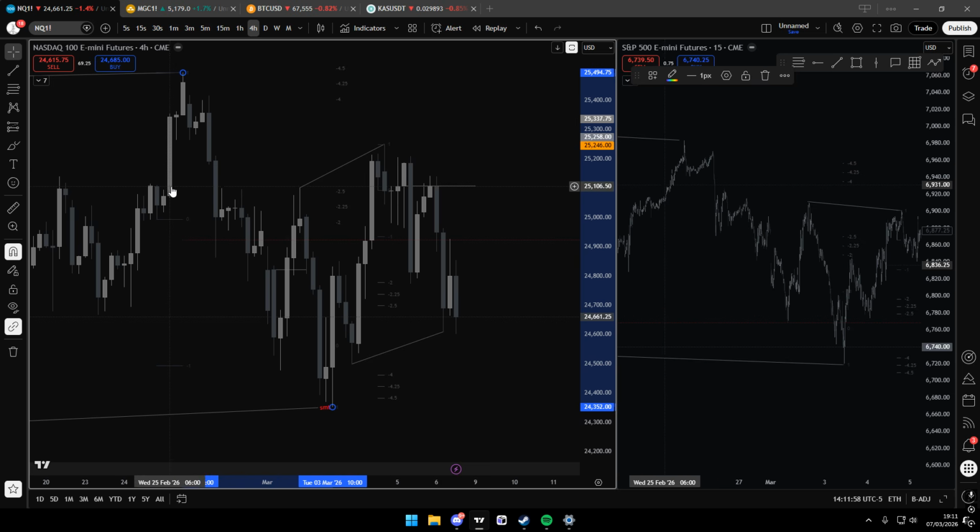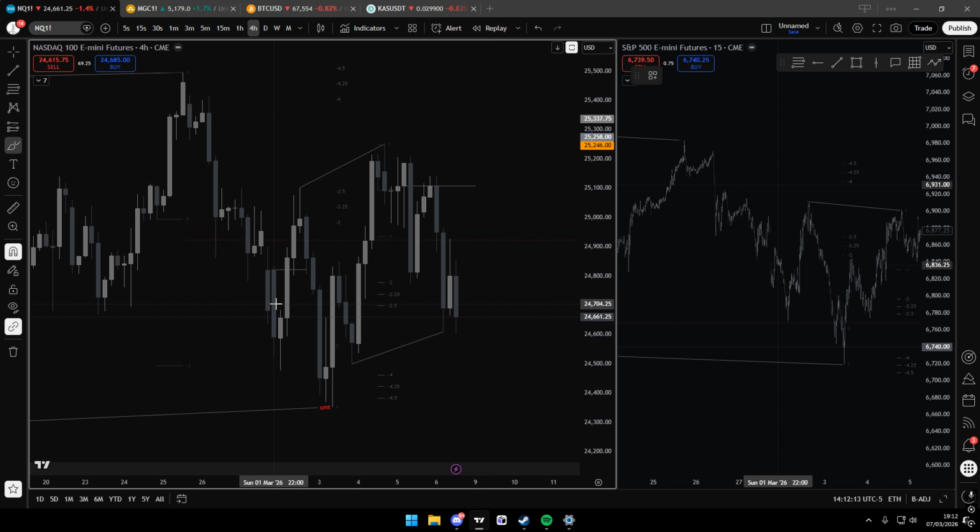So, if we're looking to short, we're gonna look for a PD array within the range that we're trading in. So, I'm not looking to short here or anything that's involved here because I'm looking for a PD array that's relevant within the range I'm looking to trade.